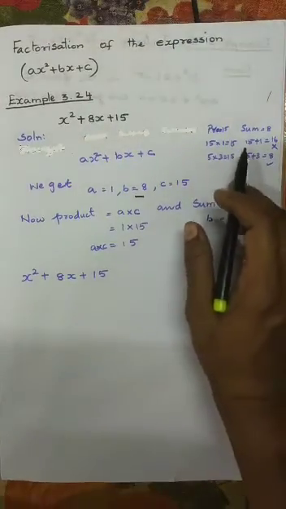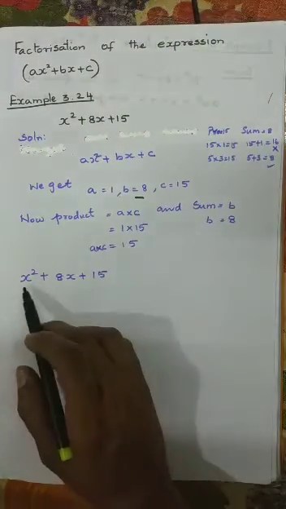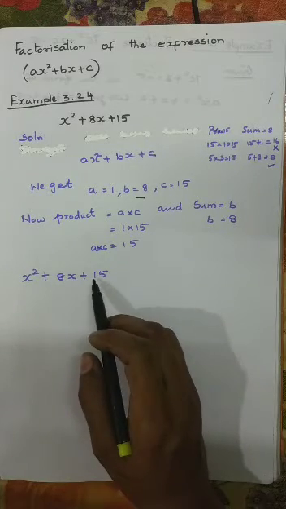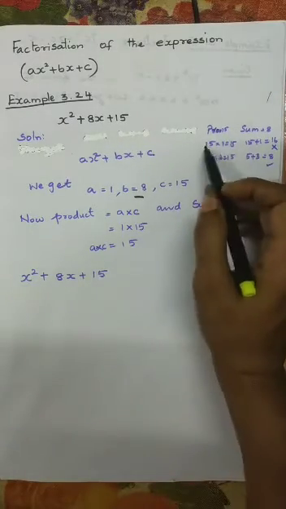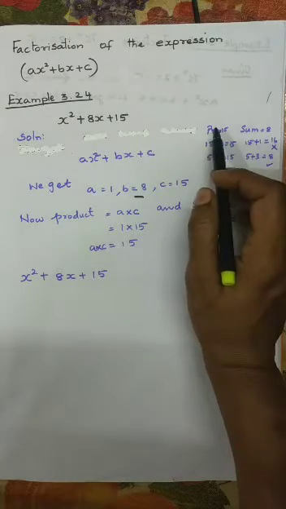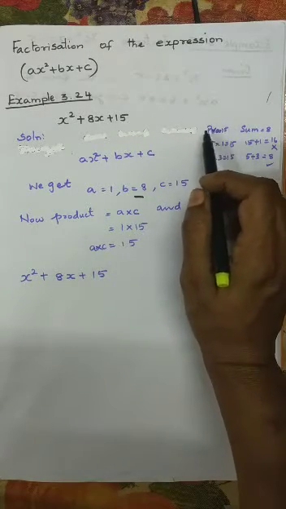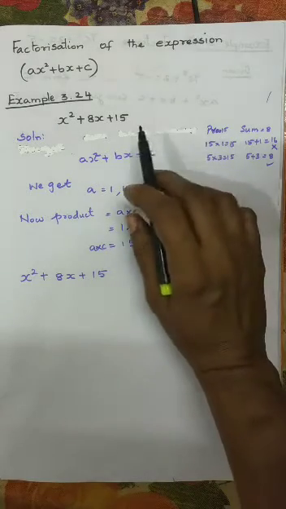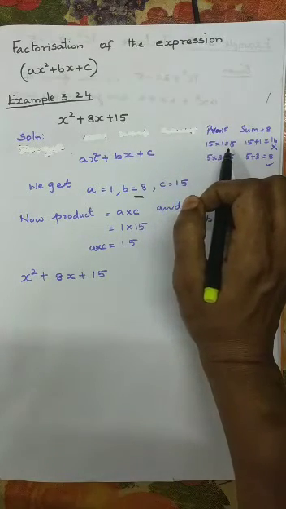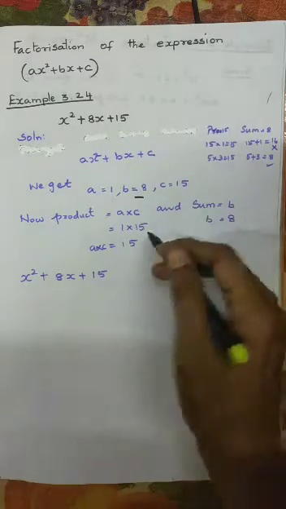Okay. Now how to solve we'll see. Here the equation x square plus 8x plus 15. So product and sum. Product is 15 and sum is 8. If we multiply, we must get 15. So think about the 5 table.